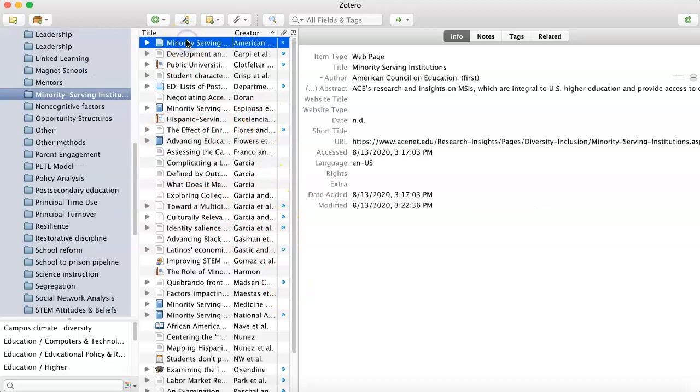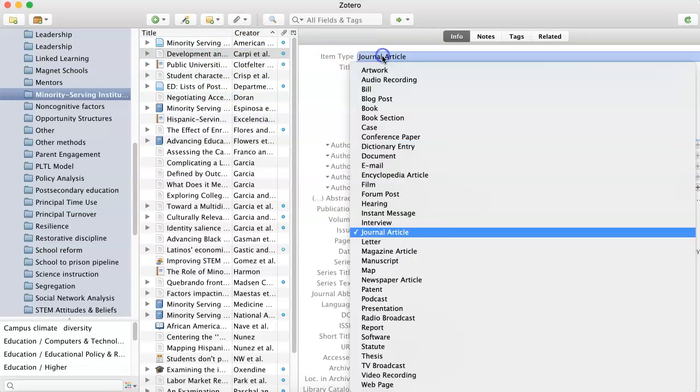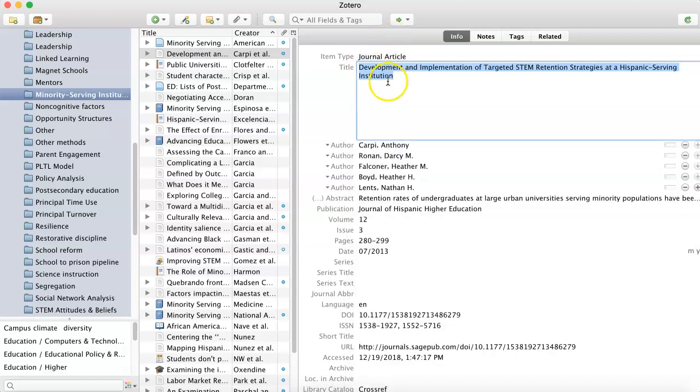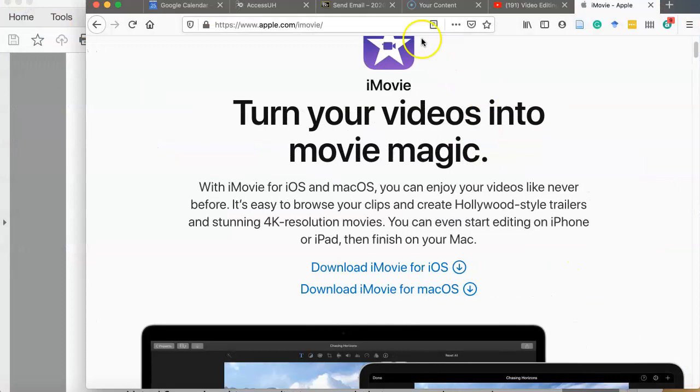And here we have titles and authors. So for example, here we have a journal article, the title, the authors, and the abstract, the publication name, volume, issue, pages, and date.